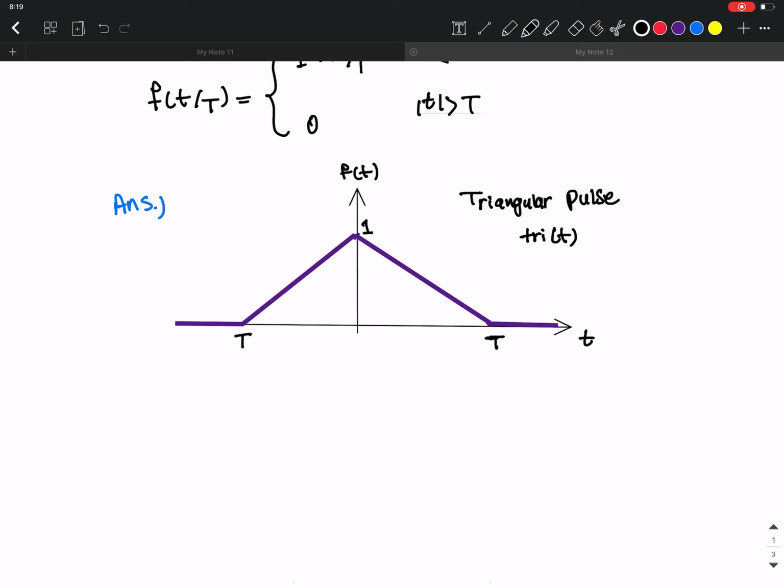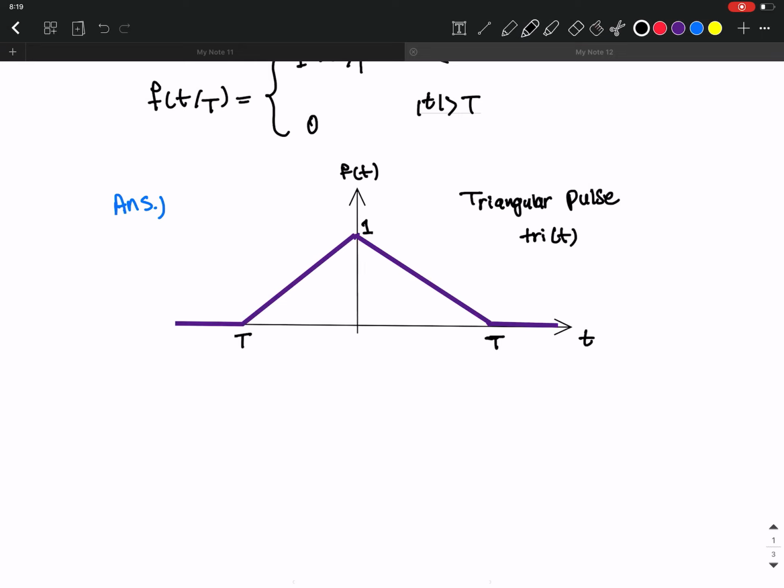Okay, so let's see what's going to be the Fourier transform of this function. So what we are going to do is take the Fourier transform based on the definition of the Fourier transform, and then solve that.